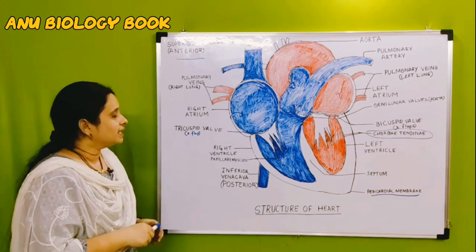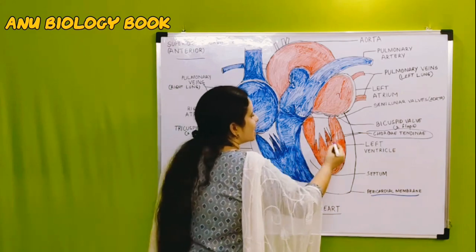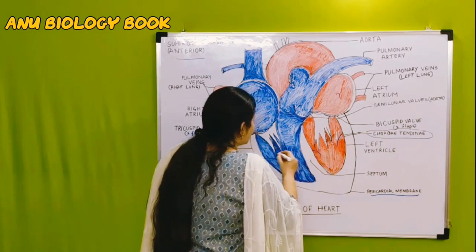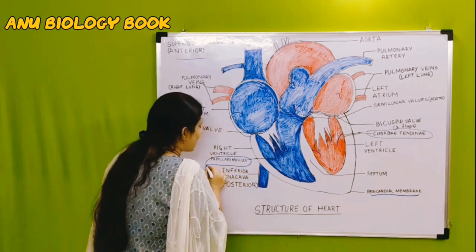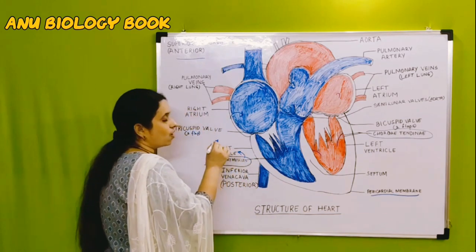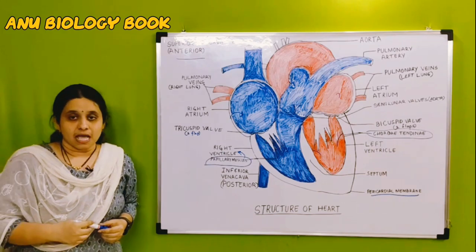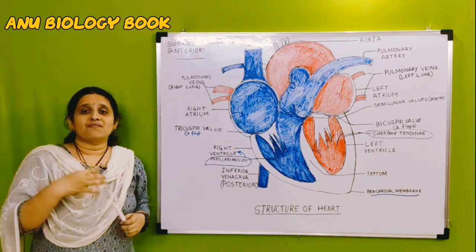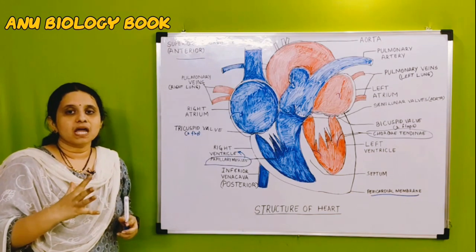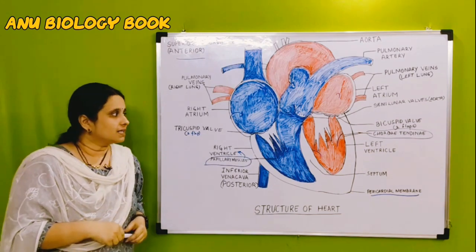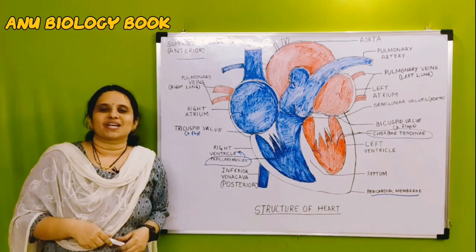And this chordae tendineae have evolved from the muscles known as papillary muscles. These papillary muscles have arisen from the ventricles. These papillary muscles give rise to the chordae tendineae, which help in holding the valves. And here this is about the structure of the heart.